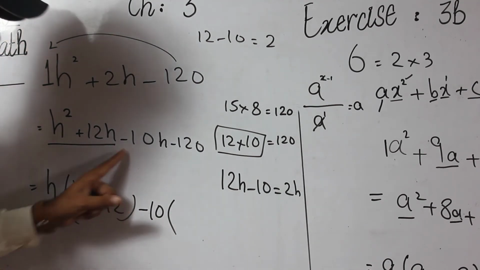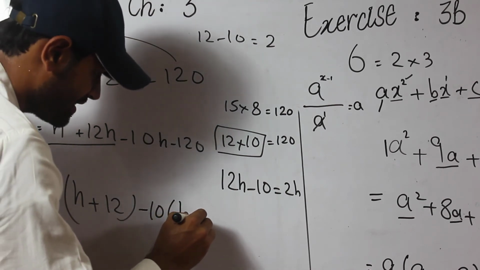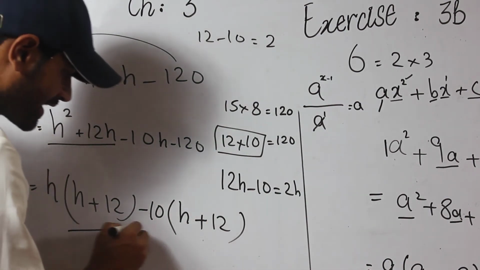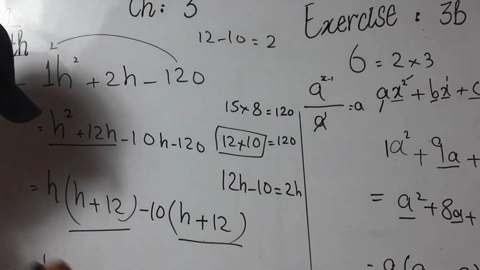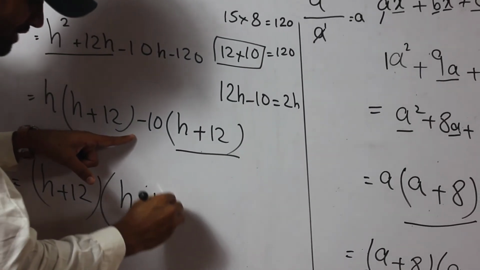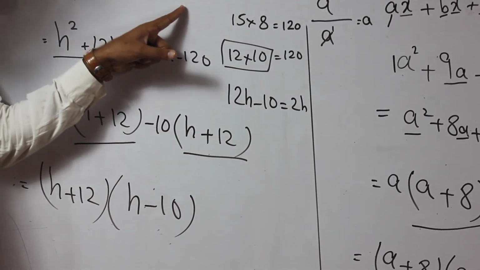Minus with minus is plus. 10a divided by 10 gives a, and minus with minus is plus again, and 10 twelves are 120. So again we get the same expression. Take a plus 12 common. Here a remains and here minus 10. So these are the factors of a squared plus 2a minus 120.